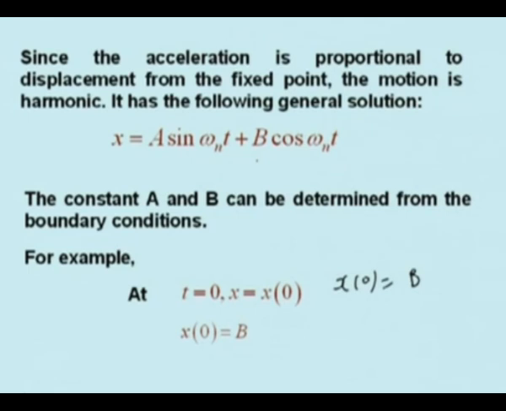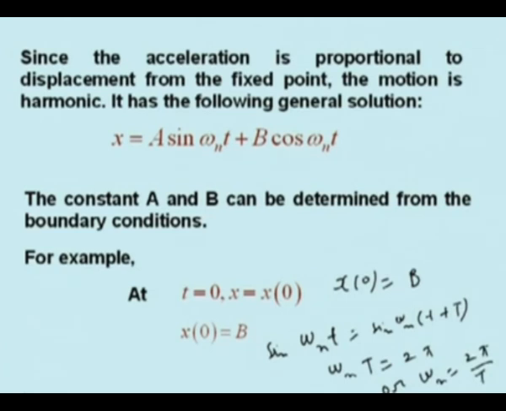This naturally has a period of 2 pi by omega n, because omega n must be the frequency, since it repeats. So sin omega n t is equal to sin omega n times t plus T, capital T. Therefore we can say omega n into T is equal to 2 pi, or omega n is equal to 2 pi by T, where T is the time period.